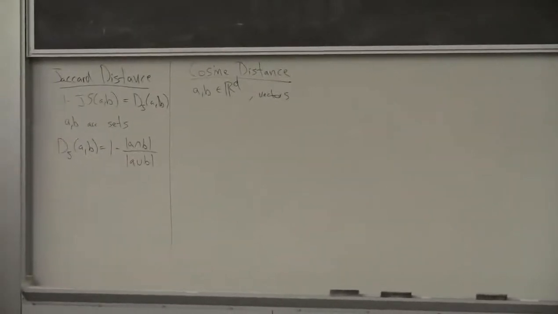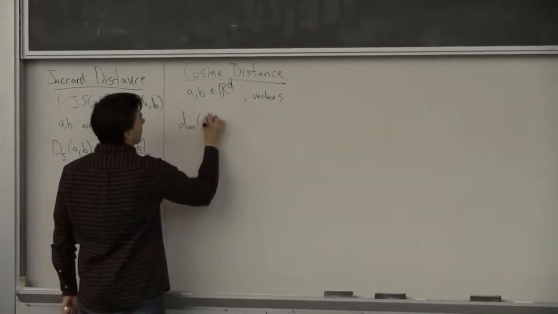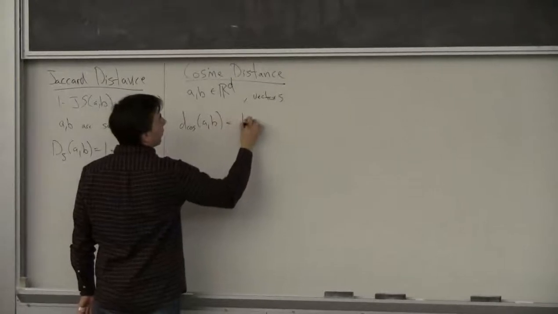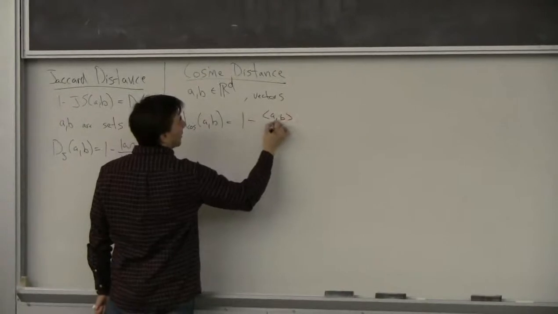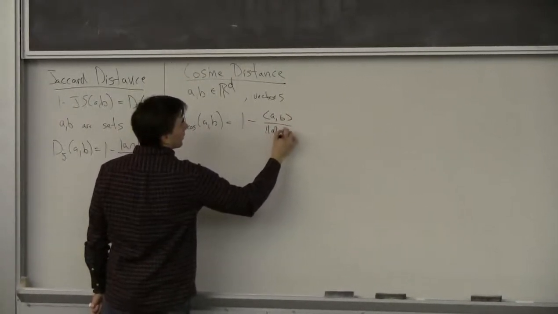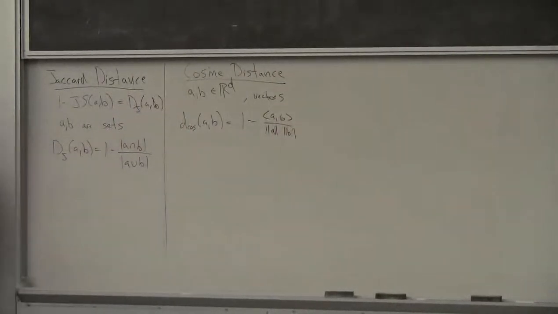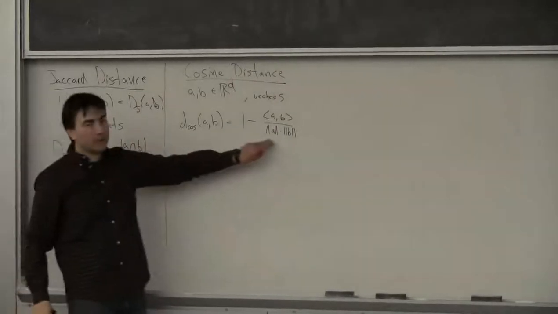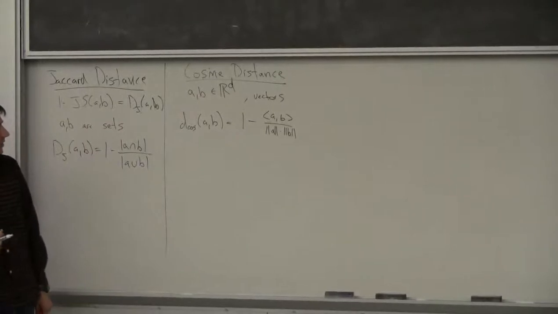Okay, and the cosine distance is now defined as 1 minus the dot product between A and B divided by the norm of A times the norm of B. And if I'm writing this norm notation like I did here and omit the p-value, implicitly that means p is equal to 2. So this is the 2 norm here. Okay, so what does this distance mean?